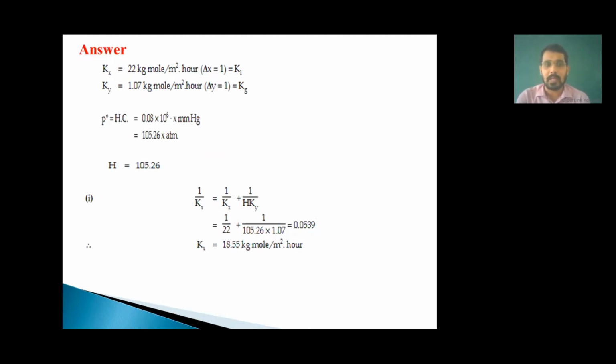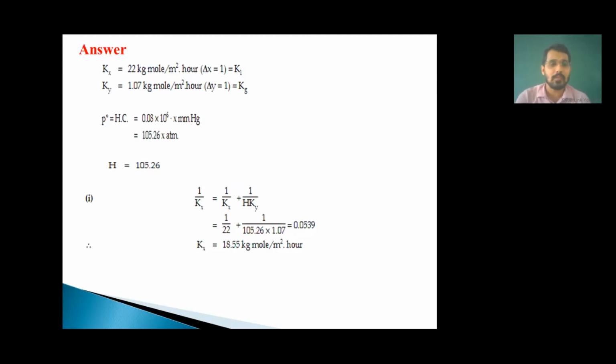This is KL, the individual mass transfer coefficient in liquid phase, which is also represented as kx, so kx and KL are both the same for liquid phase. Similarly, for gaseous phase that may be represented as small ky or small kg, that is 1.07 kg mole per meter square hour, concentration difference 1.